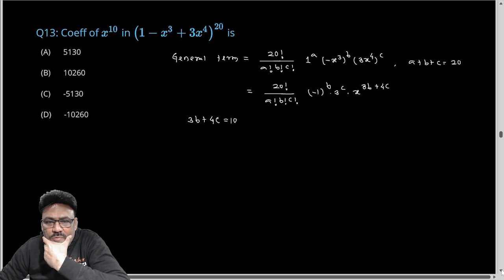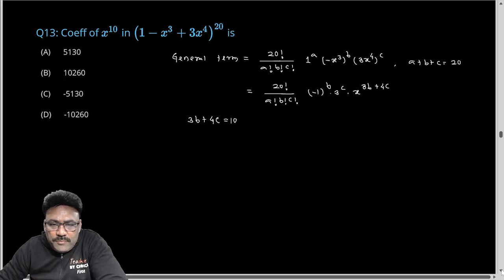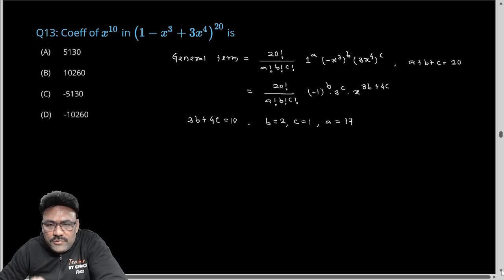If I put c is equal to 1, yes, b is 2, c is 1, so that means a will be 17. You can see that 6 plus 4 is 10, a plus b plus c is 20, so a must be 17. And if I put c is equal to 2, then no possibility for b, and c cannot be greater than 2 in any case. So this is the only possibility.